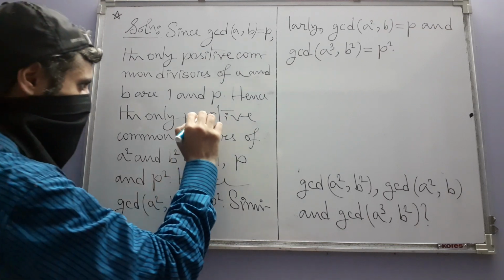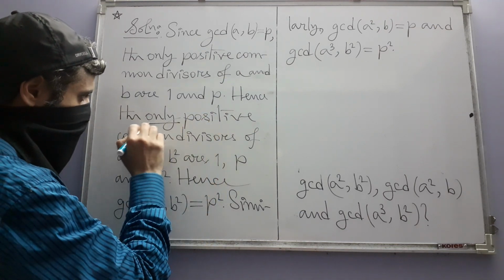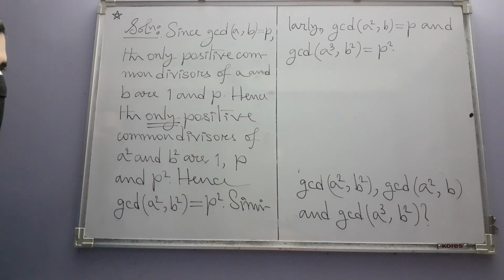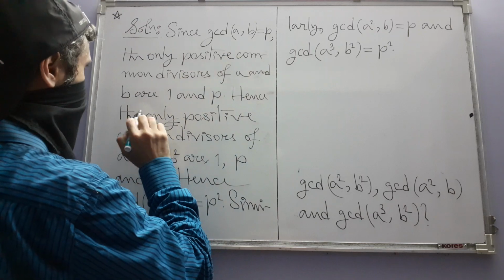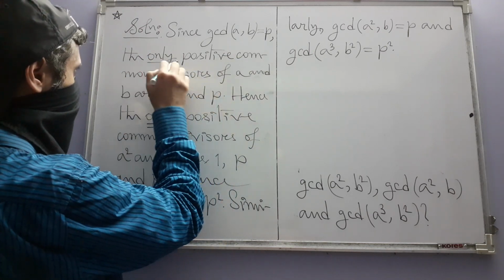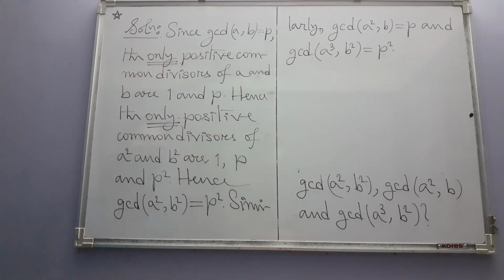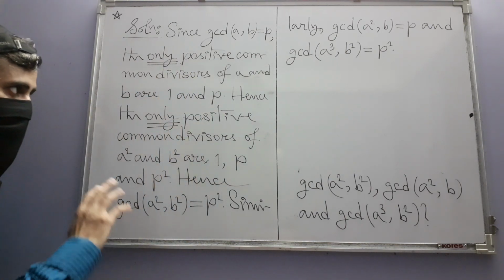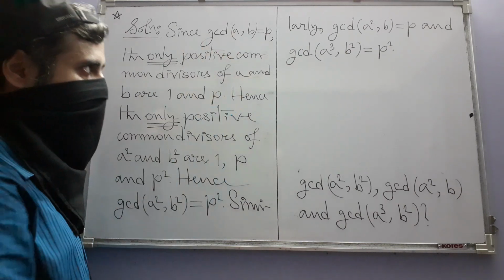In trying to figure out how we are getting these conclusions, also concentrate on this: these are the only positive common divisors of a and b. There can be nothing else. So that will play a role in these conclusions.